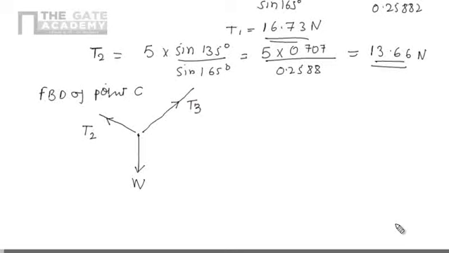If we talk about angles, this one is 30 degree, so obviously this one will be 180 minus 30, it is 150 degree. And about the angles between T2 and W, and T2 and T3, we can easily find out from here.